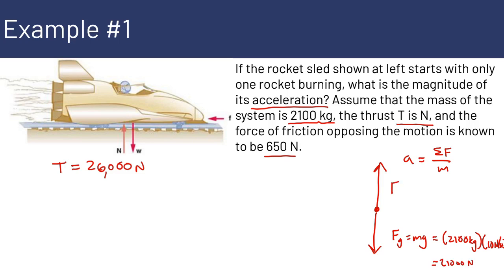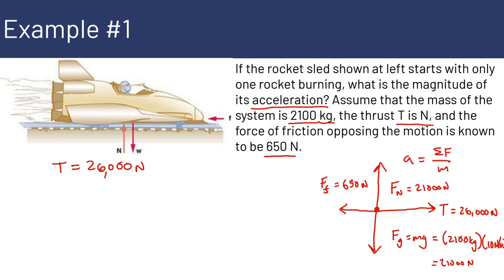So our normal force is also equal to 21,000 newtons. Our thrust is equal to 26,000 newtons. And then our force of friction is equal to 650 newtons.